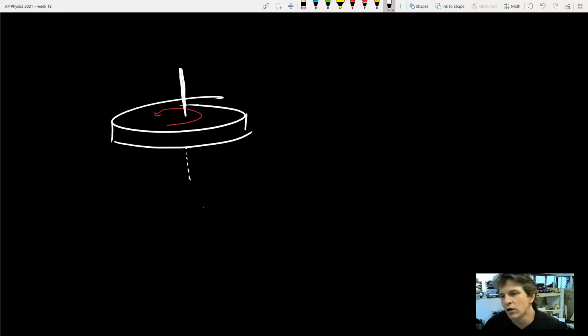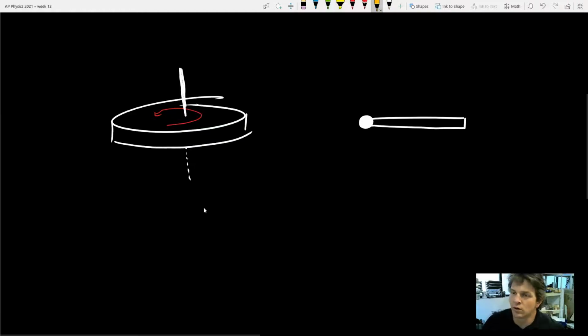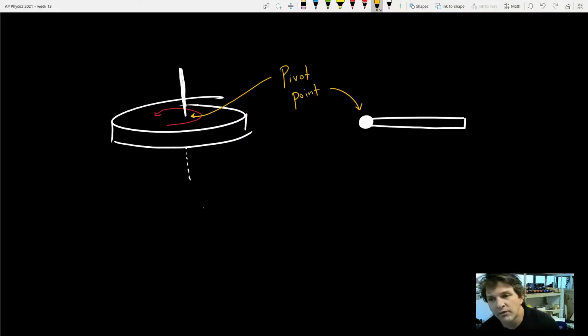Okay, another really common thing, kind of like a door, we could have something like so, right? And this right here is what we would call the pivot point. And the pivot point is that one spot that your object rotates around. Okay, so in order for something to rotate, it's always going to have a pivot point.